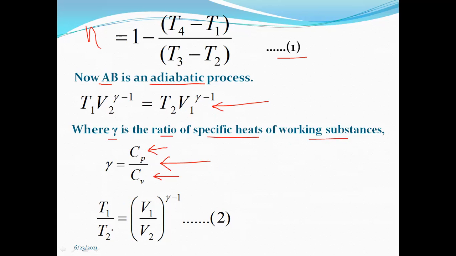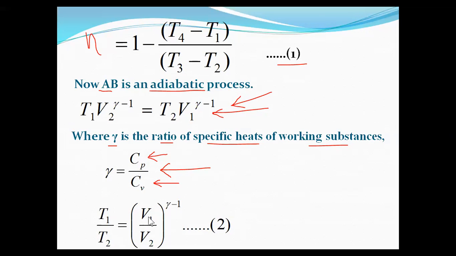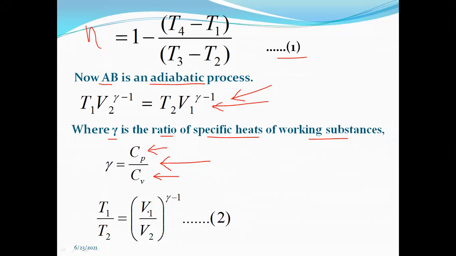So T1 upon T2 is equal to V1 upon V2 raised to gamma minus 1, which is equation number 2.